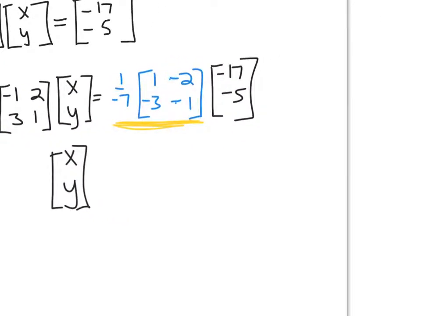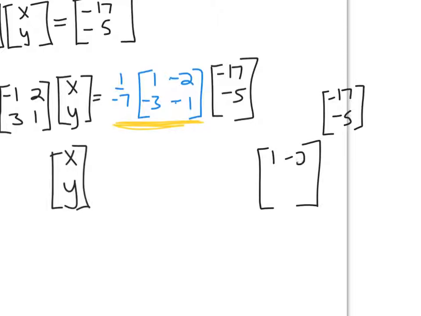Now on the right, I can distribute that negative 1/7 in right now, but it's going to be a lot shorter if I instead go ahead and do this multiplication first. So we're going to just do our grid. So negative 17 plus 10. And then you don't have your 17's times tables memorized?